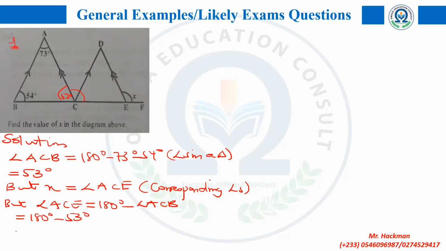So I'm waiting for the answer. 127. 127, very good, 127 degrees. So that's it for this angle, and if you know this angle, you know your x. So I can draw my conclusion, assuming this is my next page: therefore, my angle x is equal to 127 degrees. Is that clear?